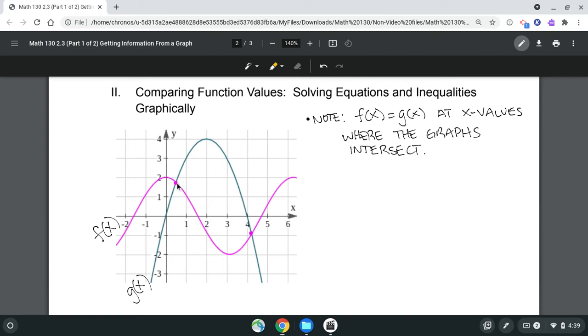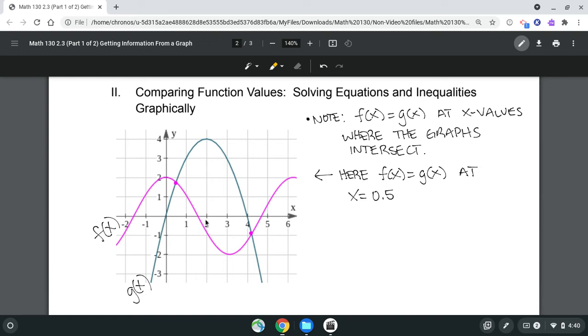So let's try to identify the x value. This one looks like it's at 0.5. So here, f of x equals g of x at x equals 0.5.